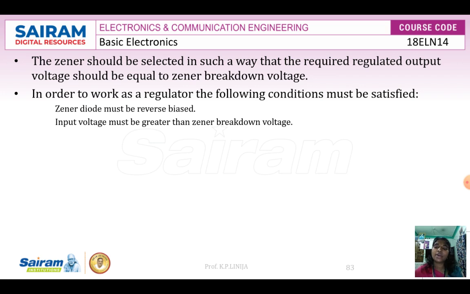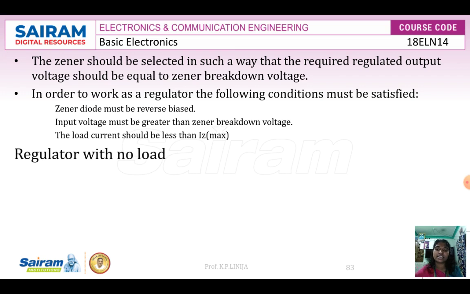The second condition is that the input voltage must be greater than the Zener breakdown voltage. Then the load current IL should be less than the Zener current IZ max.